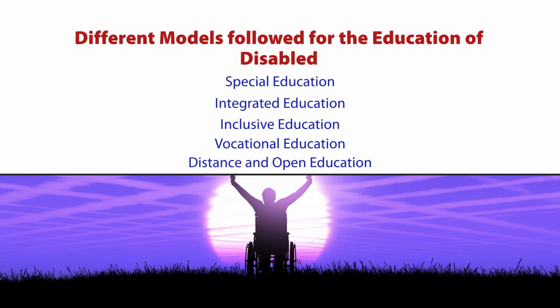Starting from the very beginning, yes, focus has been given to impart them education in the best possible way, and we kept on working regarding their education. Under that, we have mainly covered or followed different patterns of education, such as special education, then integrated education, inclusive education, vocational education, and distance and open education or online education altogether. These are the different models which we have followed.